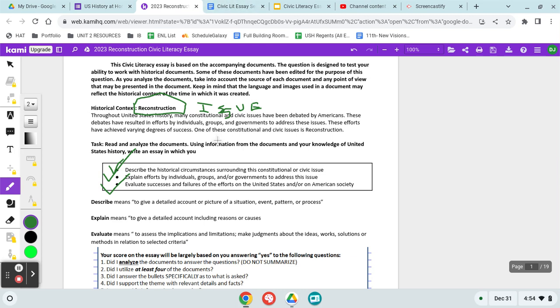So your priorities really should be making sure you describe the historical circumstances, explain 2 of the efforts, and then evaluate the impact, evaluate the successes and failures of both of those efforts. That's your priority. It's this part. It's not anything else outside of that scope there.